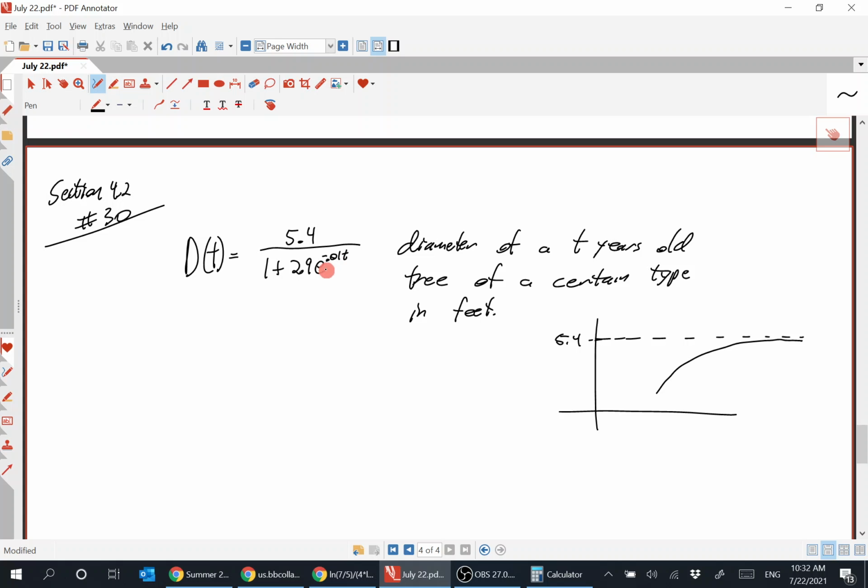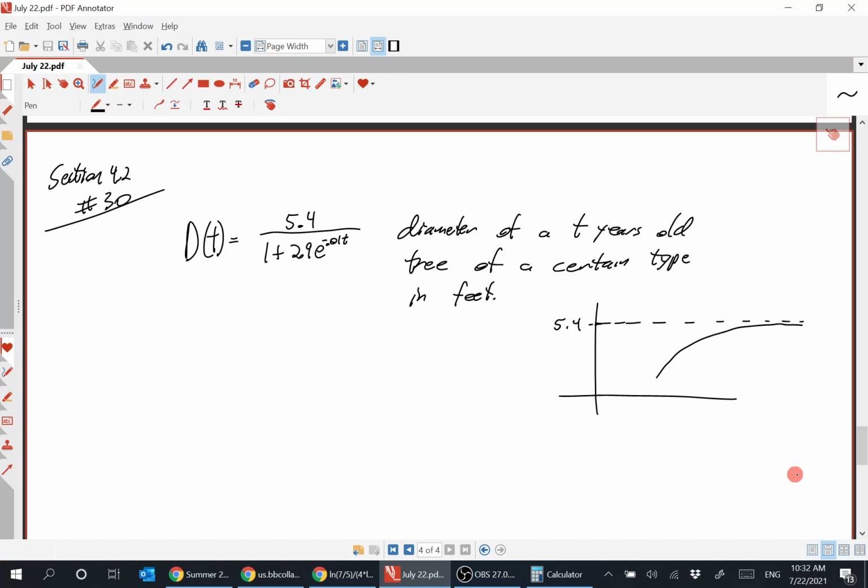It's just an approximation of some sort, because at 0 years, right as you plant the tree, the diameter is 5.4 divided by 3.9, which is a positive number, which is nonsense. Of course, this is just an approximate model. But a logistic type function grows like this. It has this upper asymptote, and it grows towards that. That's asymptotic growth. There's also logistic decay, which looks like that.